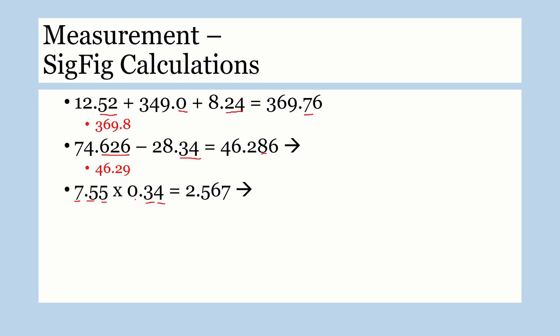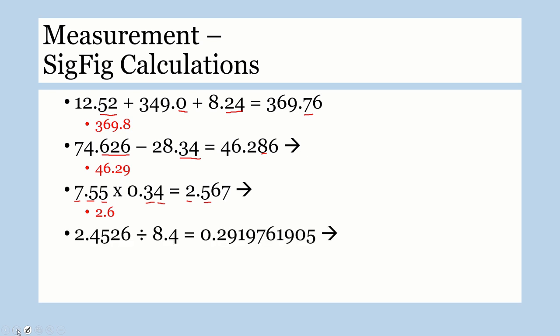This only has 2 because this is a leading 0. So your final answer can only have 2 significant figures. So you keep the first 2 significant figures. 1, 2. You look next door. That's a 5 or greater, so that's going to round up. So your final answer is 2.6. This has 2 significant figures total and is close to our original answer.